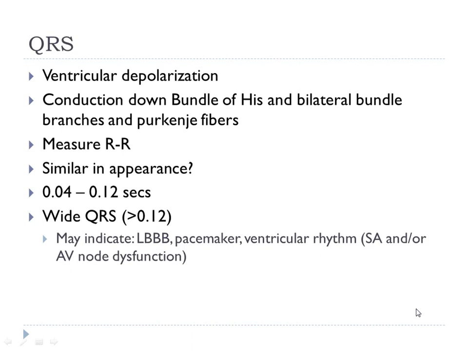They should all have about the same width. We said that a normal distance or interval of the QRS is no more than 0.12. And these are some things that may be a problem if the patient has a wide QRS. We'll talk about a couple of ventricular rhythms, and you'll see that wide QRS.